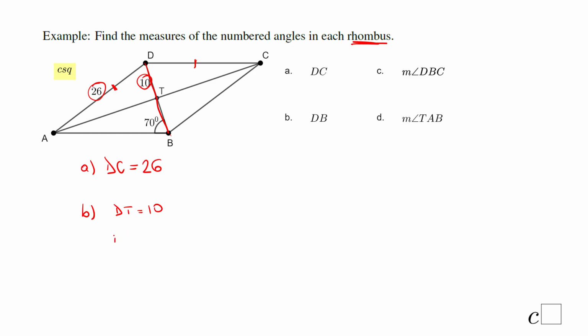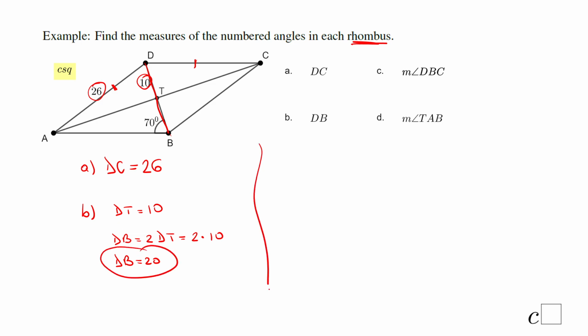So like I said, DB is twice DT because this diagonal AC bisects diagonal DB. So DT and TB are congruent. So we have here 2 times 10, so DB will be 20.